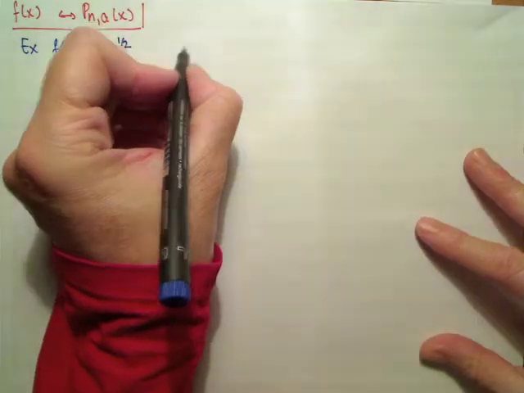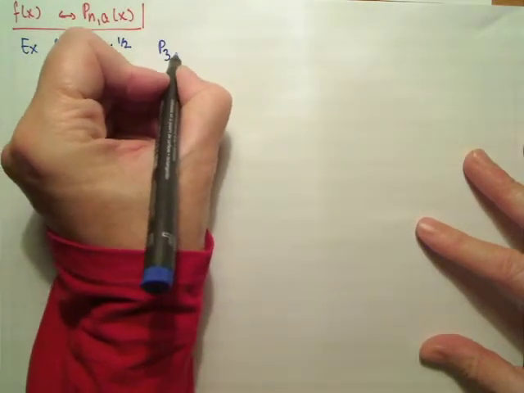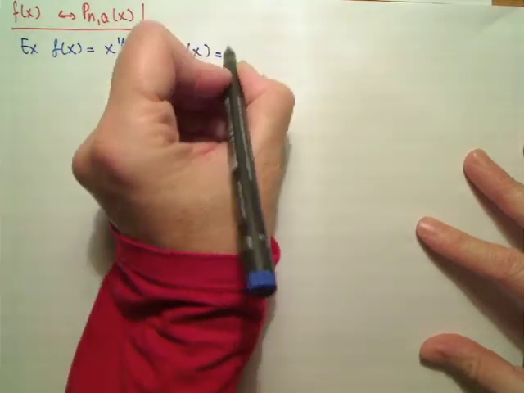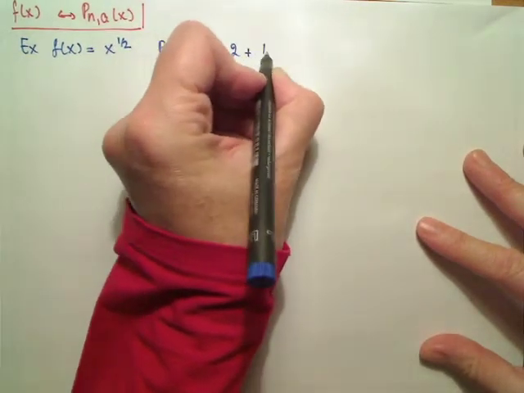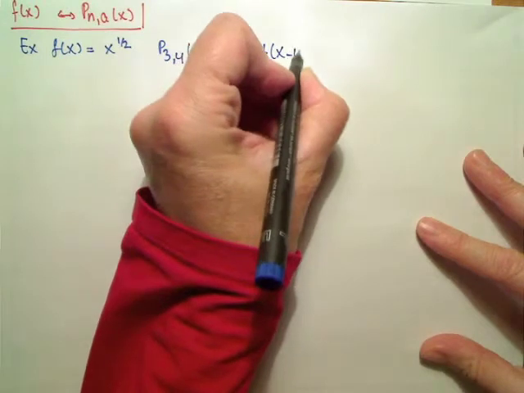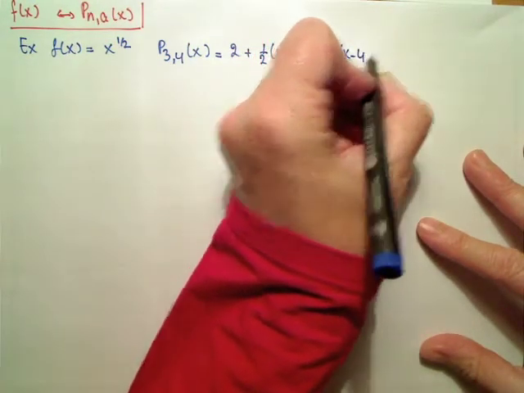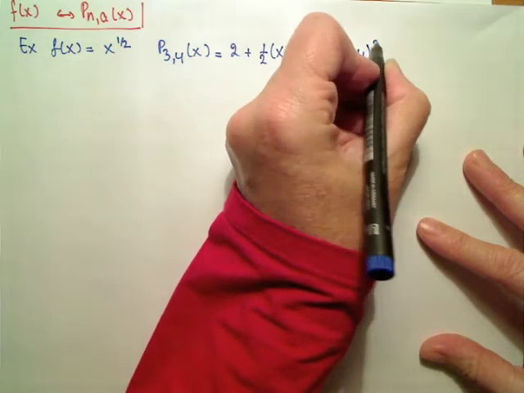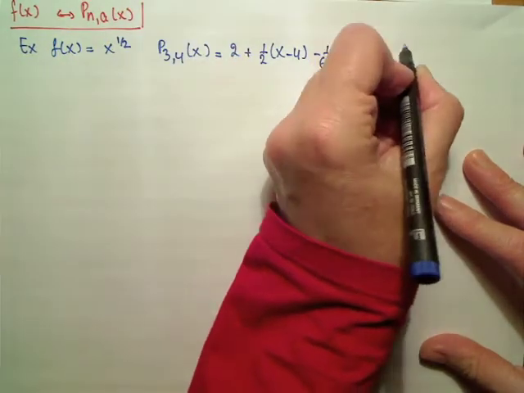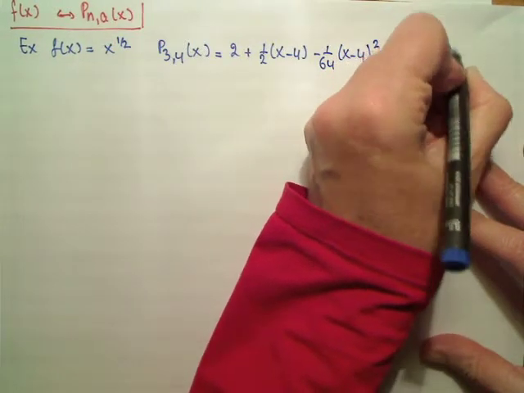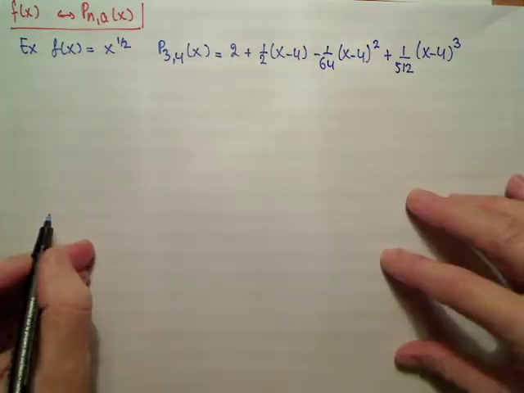We calculated the third order Taylor polynomial with base point 4, and this is given by 2 plus 1/2 times (x minus 4) minus 1 over 64 multiplied by (x minus 4) squared plus 1 over 512 multiplied by (x minus 4) to the power 3.